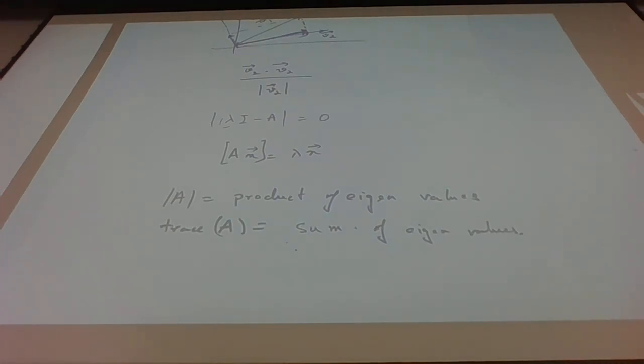Now if you find the characteristic equation of that covariance matrix, let's say instead of A being the data matrix, A is now the covariance matrix. So AX is a projection of the covariance matrix in that direction X. Now consider that X is the eigenvector which has the largest eigenvalue.